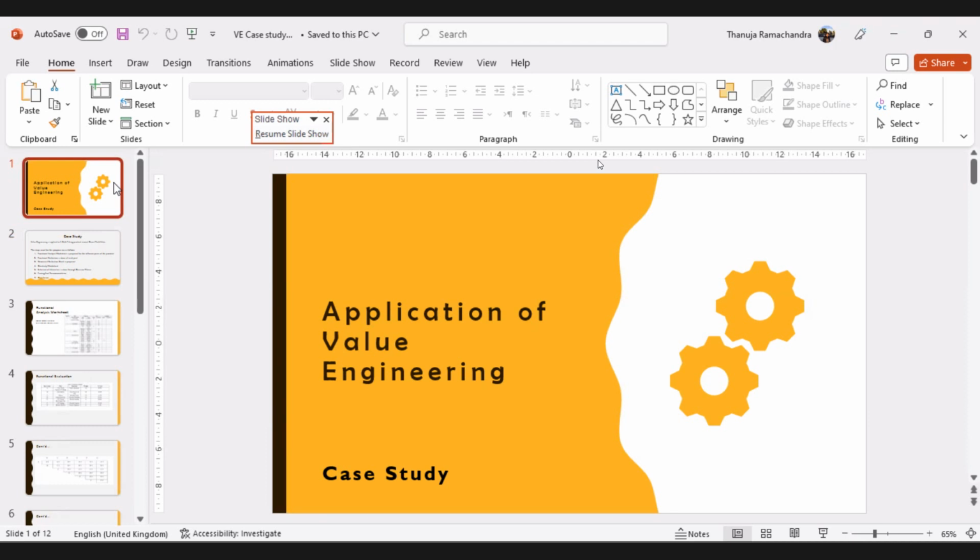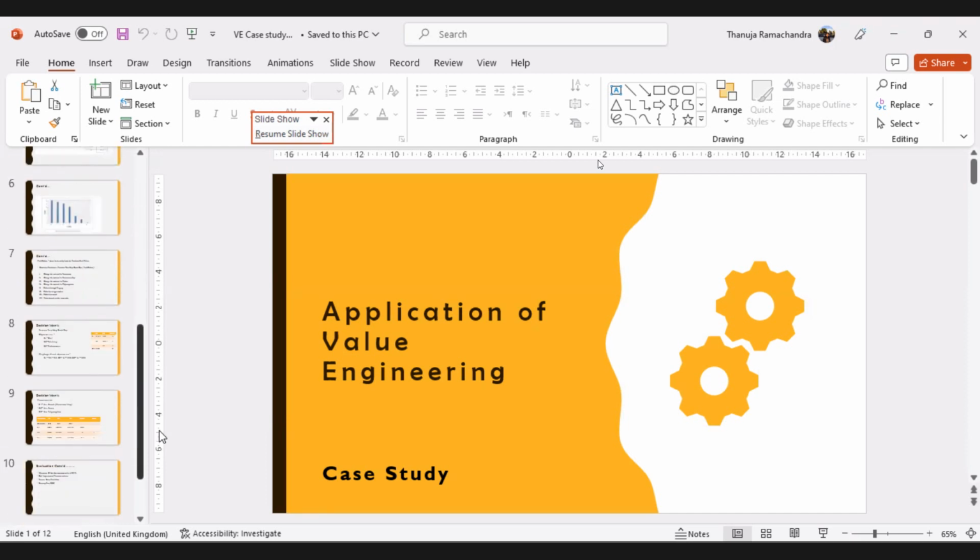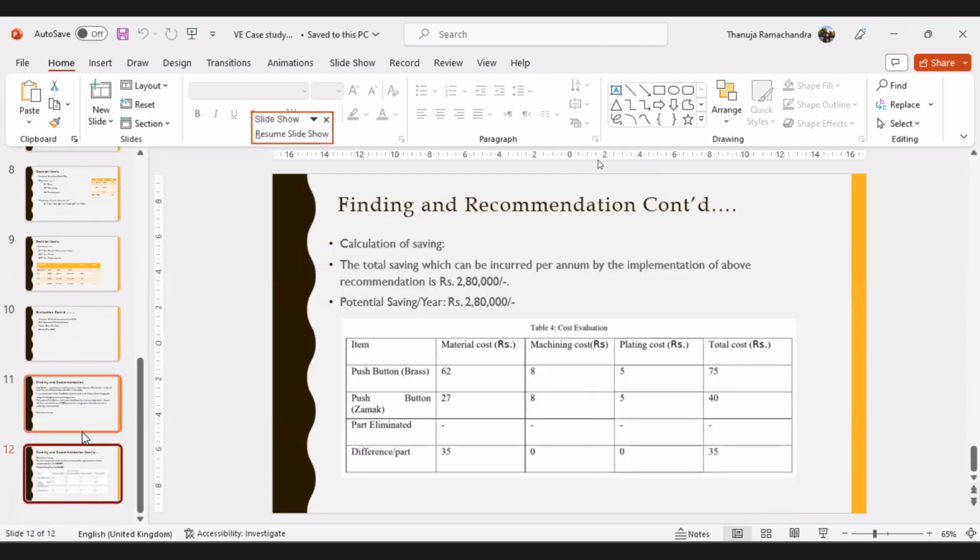Last part, why, madam, 280,000? It's per unit 35. 8,000 is the demand, no? Potential saving: how much is 8,000 into 35? Isn't it 280,000? Is that your question?